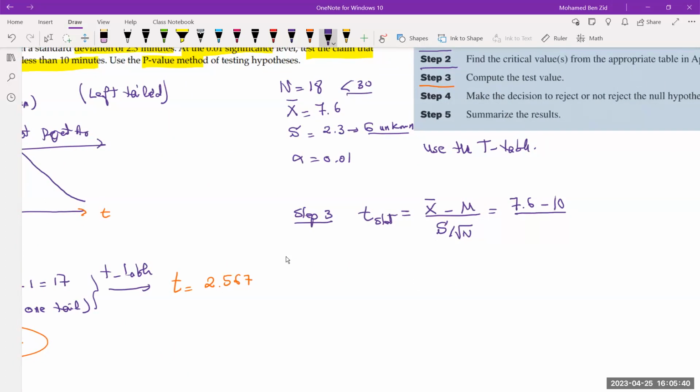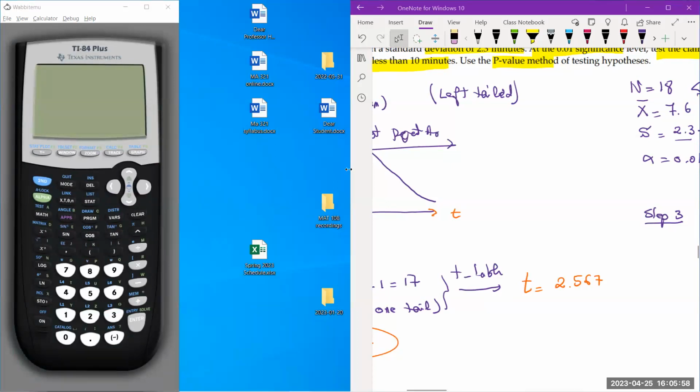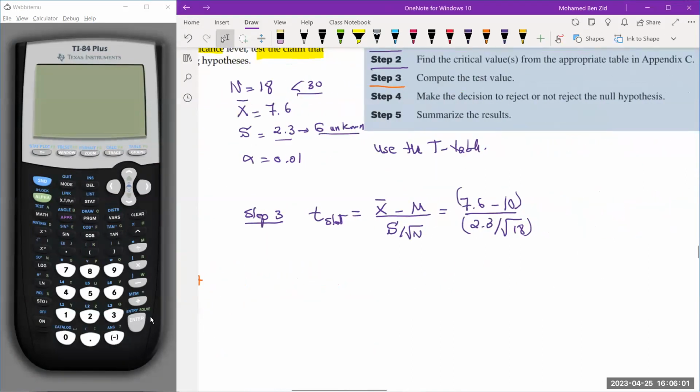And divide by S, the S is 2.3, divide by radical 18. Right, so the calculator. All right, so start with the parentheses, 7.6 minus 10, close the parentheses, divided by, open the parentheses if you want, 2.3.